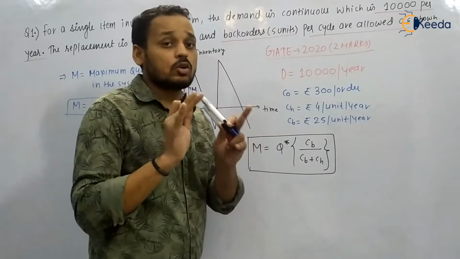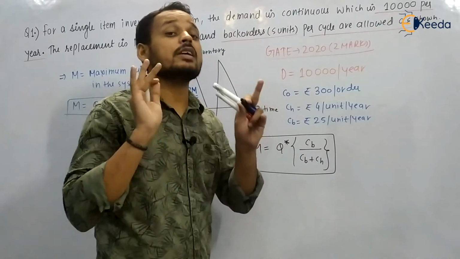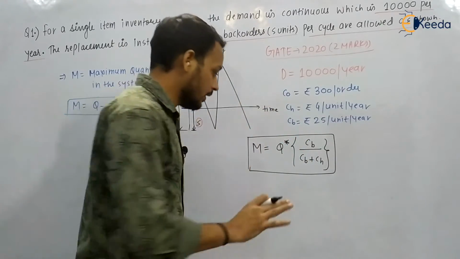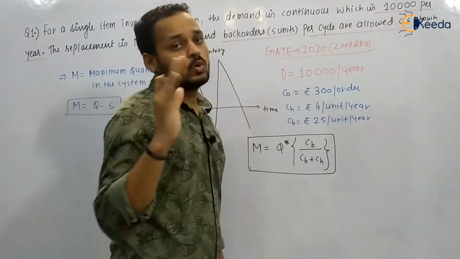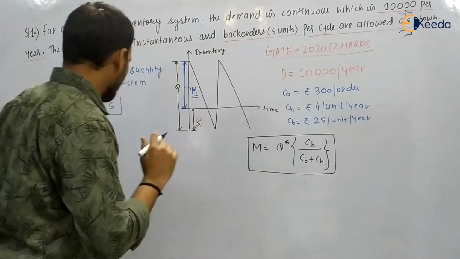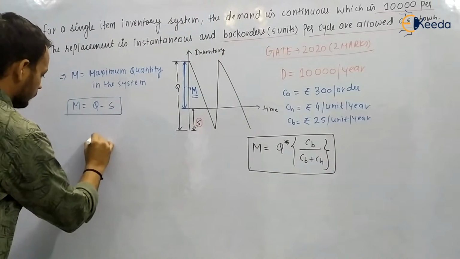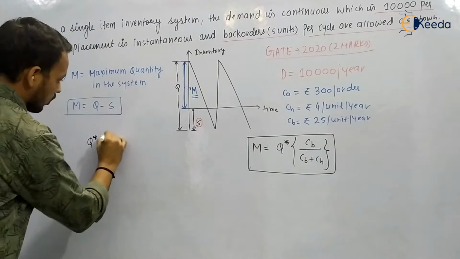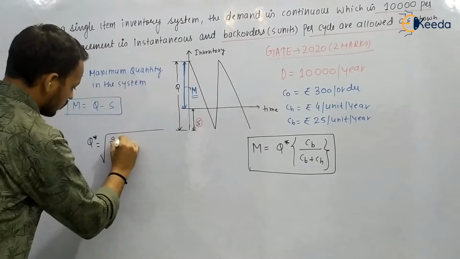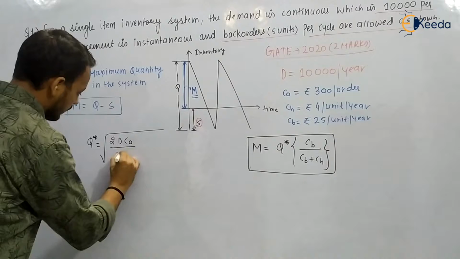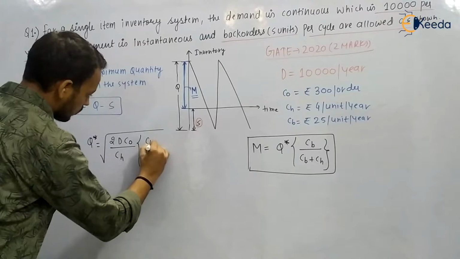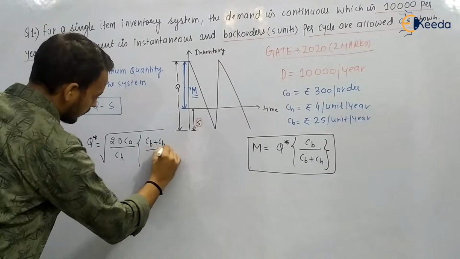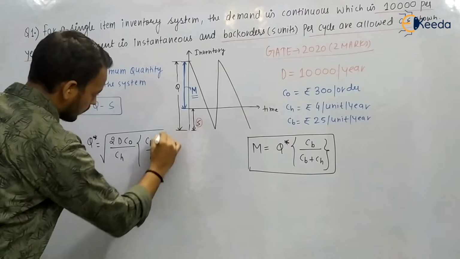Minimization criteria means Q will become Q star. So how to find Q star? We know that for the shortage cost model, the Q star formula is square root of 2D C naught by CH into CB plus CH by CB.